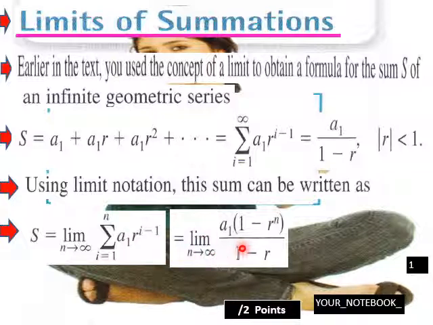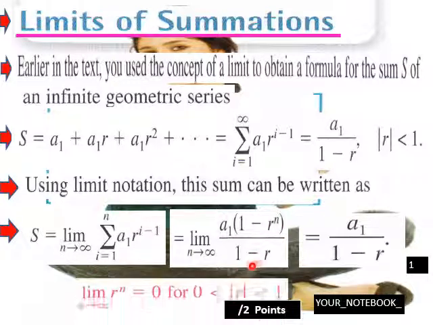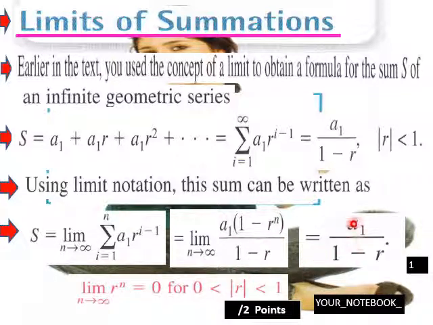This reduces further to the limit as n goes to infinity of a1 times the quantity 1 minus r to the nth power over 1 minus r, and this eventually becomes just a1 over 1 minus r.